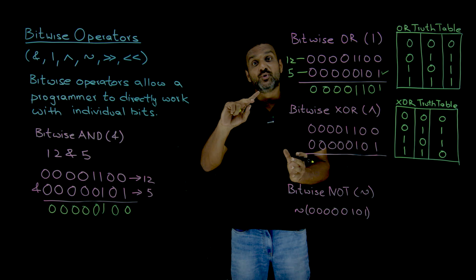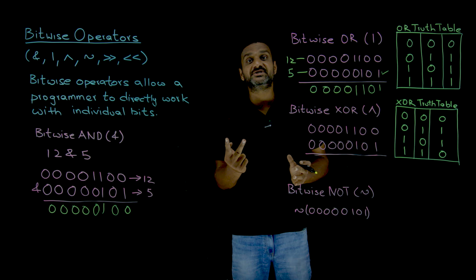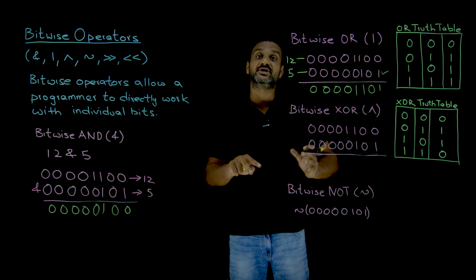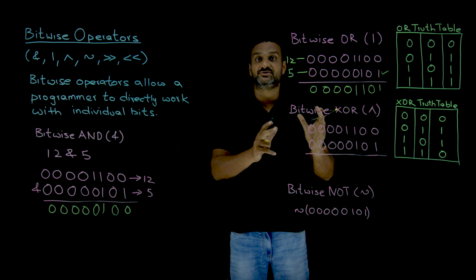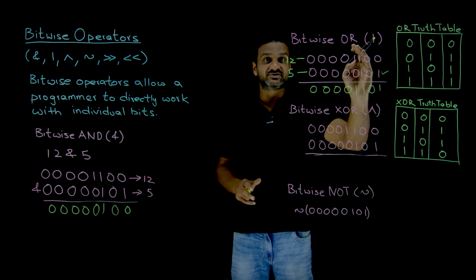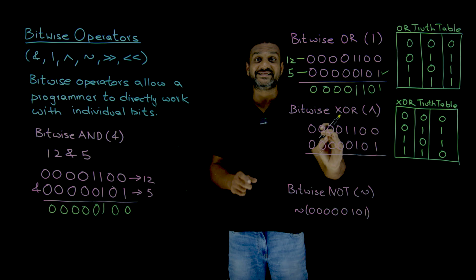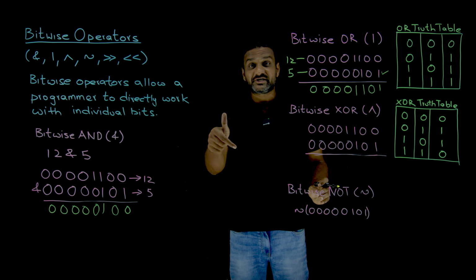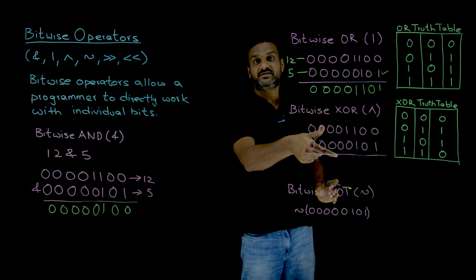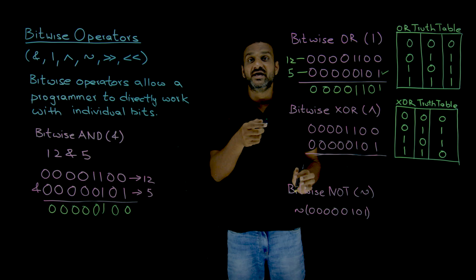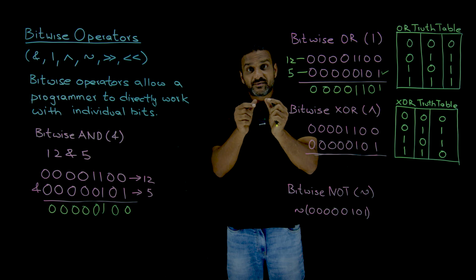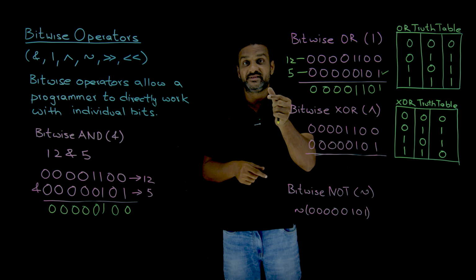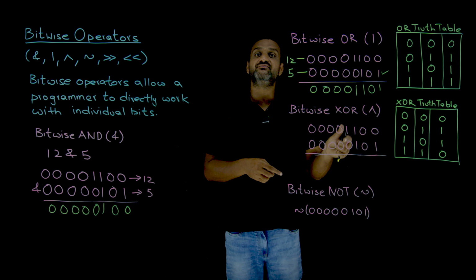If both the bits are 0 or both the bits are 1, then it is going to produce an outcome of 0. So let's discuss this again. This looks very similar to the OR, but exclusivity is added to this logic. What that exclusivity is, only one bit should possess a value of 1. Then only we are going to produce an outcome of 1.